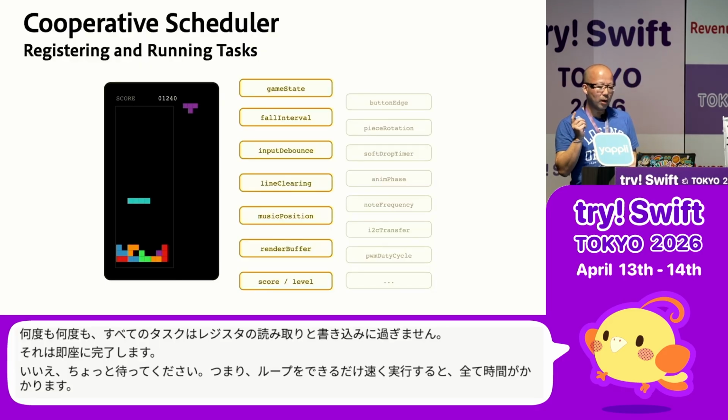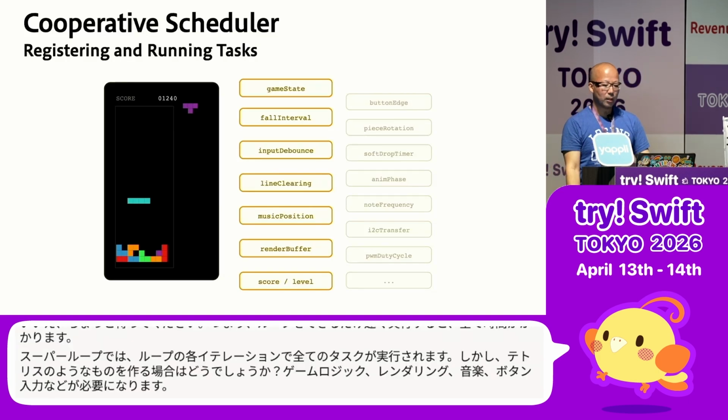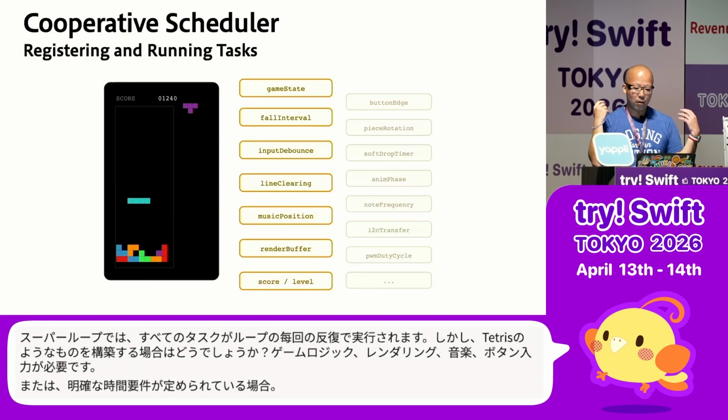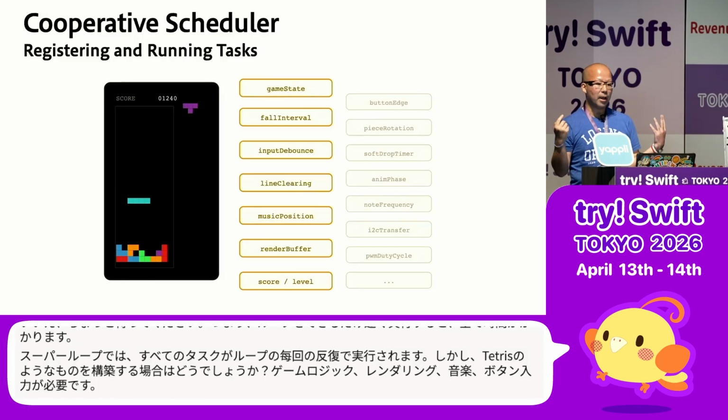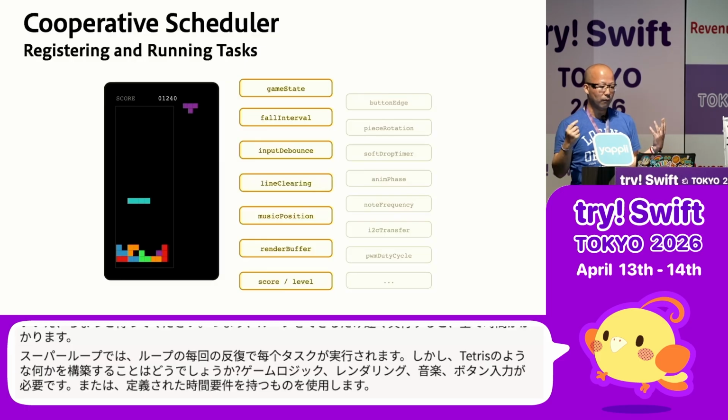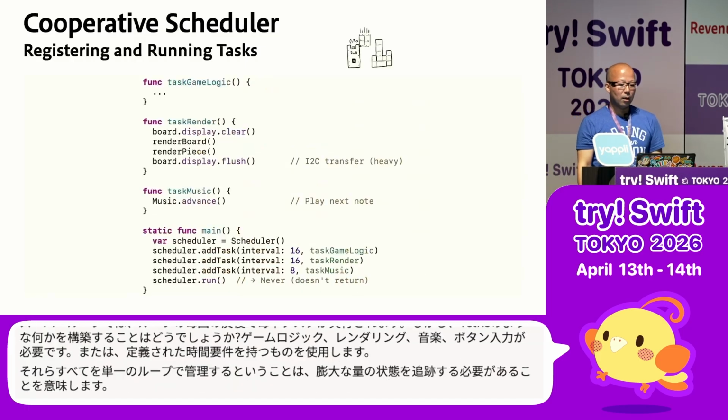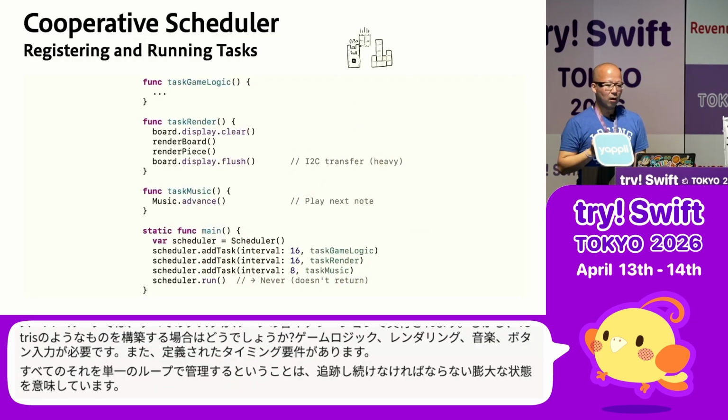But what about building something like Tetris? You need game logic, rendering, music, and button input, all with different timing requirements. Managing all of that in a single loop means a huge amount of state to keep track of. The cooperative scheduler solves this by splitting tasks.